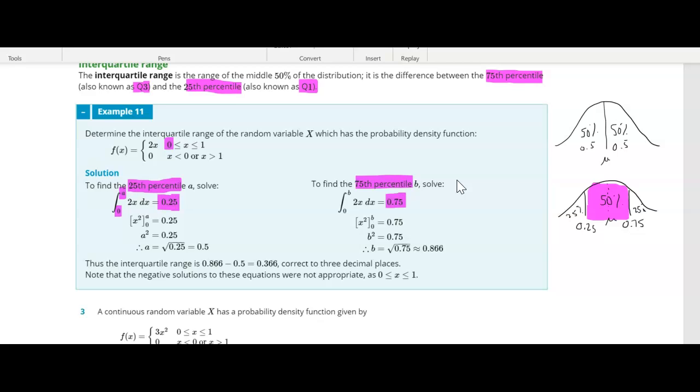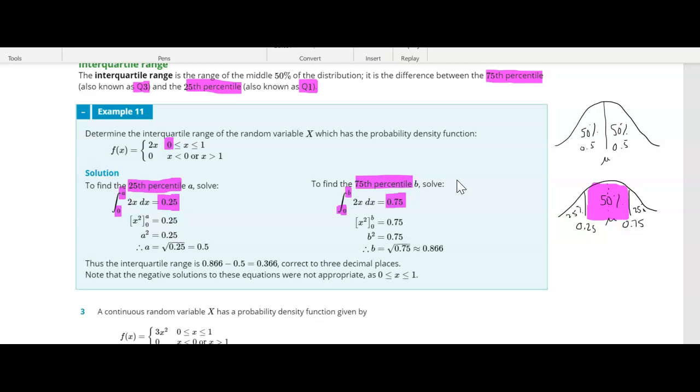Okay, so they've called that A, and that point A is your 25th percentile. When you're doing your 75th percentile, again, your lower limit is 0, but B is that value at 0.75, which we don't know what it is. So you can see the working out for both the 25th percentile or the lower quartile and the 75th percentile or the upper quartile.